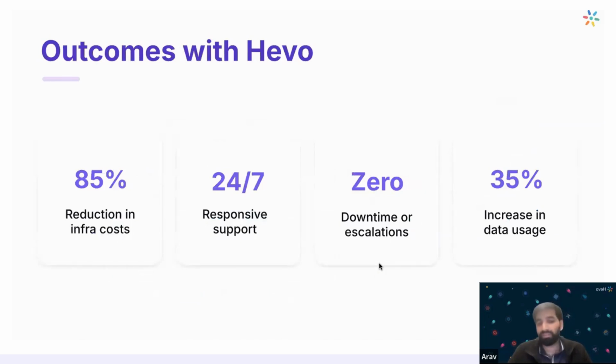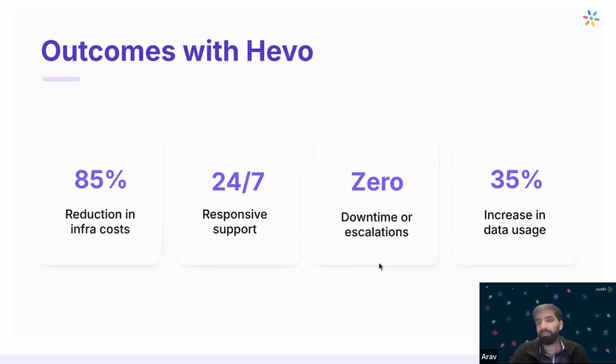So the overall costs, from whatever their bill was from the earlier vendor, plus their Snowflake, plus whatever they were paying, came down by approximately 85%. With this, they also had significant availability of support, and a lot of time to easily move their pipelines without any impact on their downstream systems, because we were helping them migrate from an existing vendor to a better one.